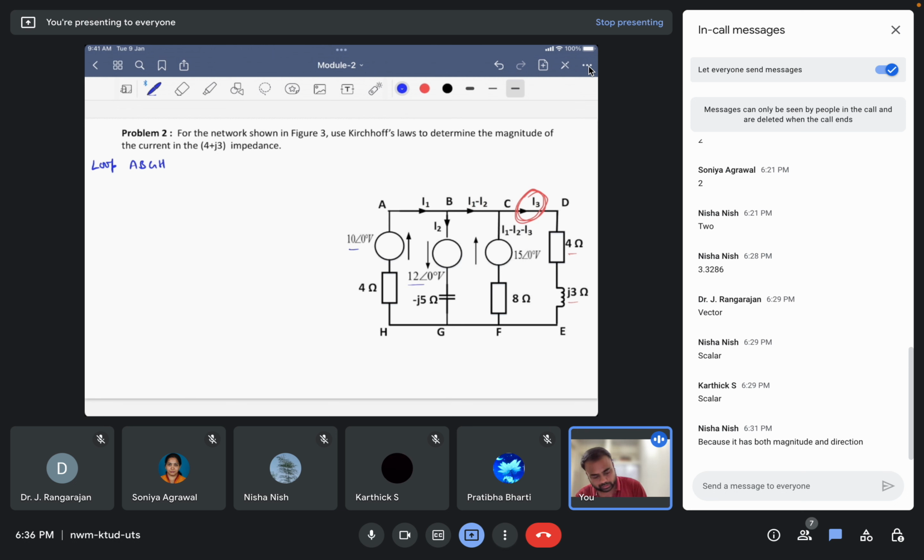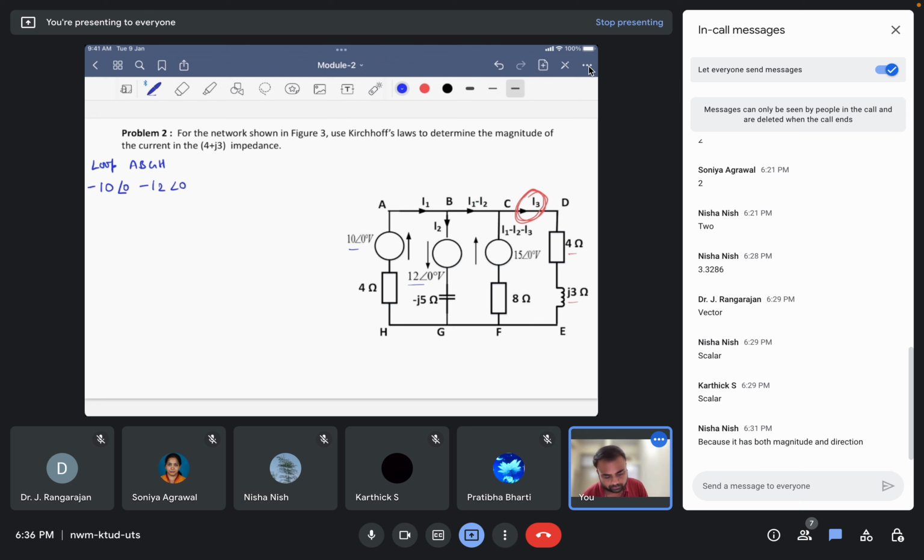Again the direction of current is from negative to positive, so I will write minus 10, angle 0. Now in the second case we write for the other source. Again this is flowing from minus to plus, so again a minus term will come, that is minus 12, angle 0.